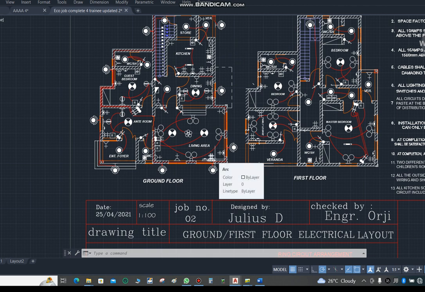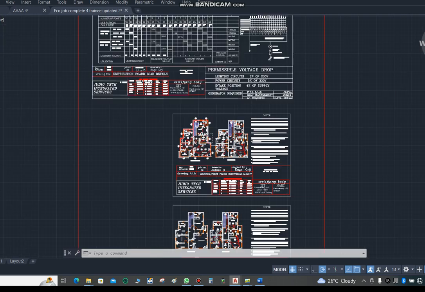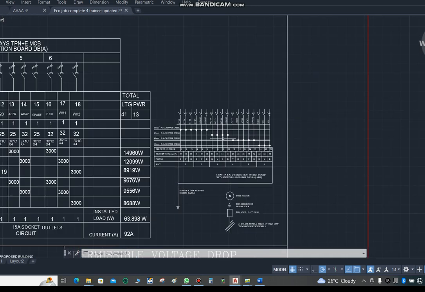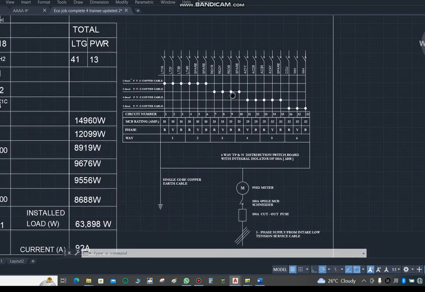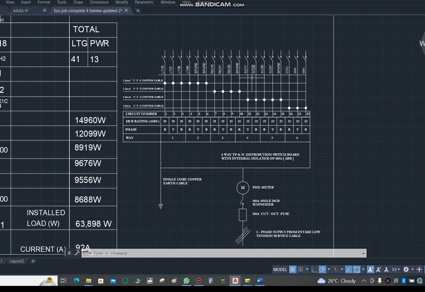Then another step is for you to understand your DB sizing, distribution board size, how to size your distribution board. For instance, this is my distribution board layout now. How many outgoing breakers do I need? From your circuit calculation, you determine how many ways you need.